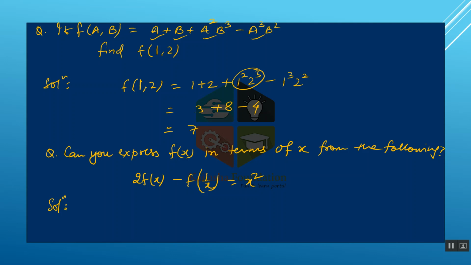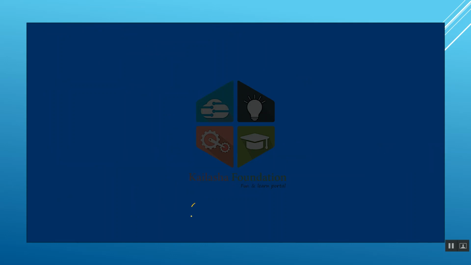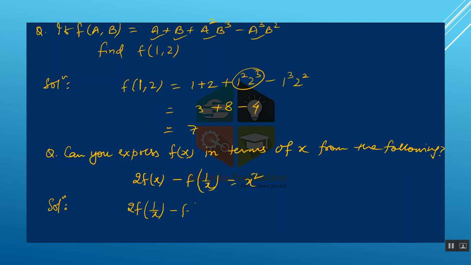If we put 1 by x in place of x in the entire equation, then we get 2f(1/x) minus f(1 by 1/x), that is x, is equal to 1 by x square. Okay.